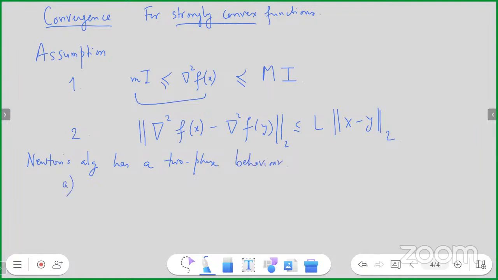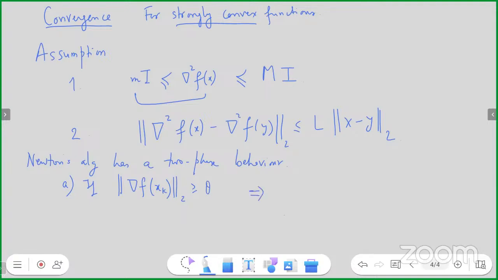Phase A: if the norm of the gradient at a particular point xk is greater than or equal to some eta, then what are we going to get?